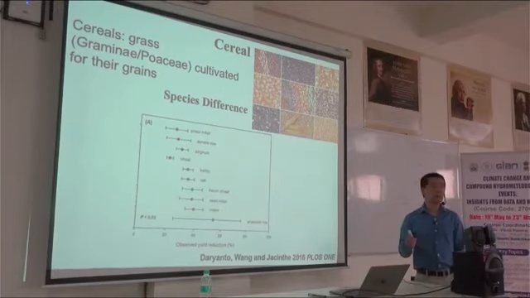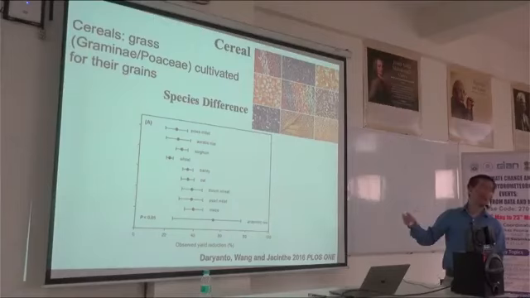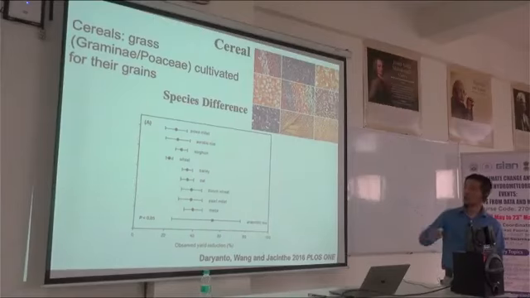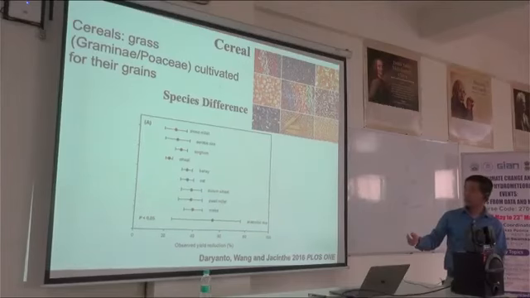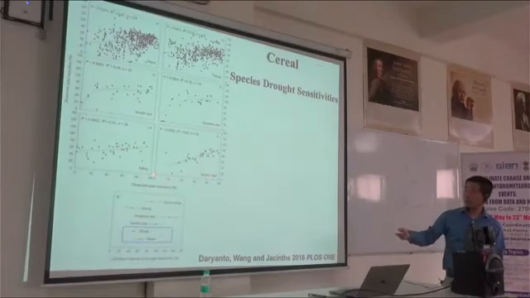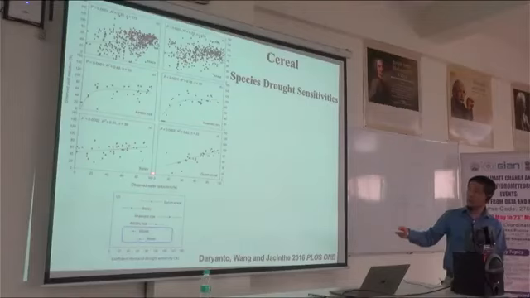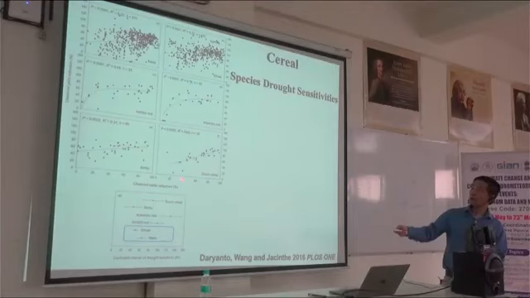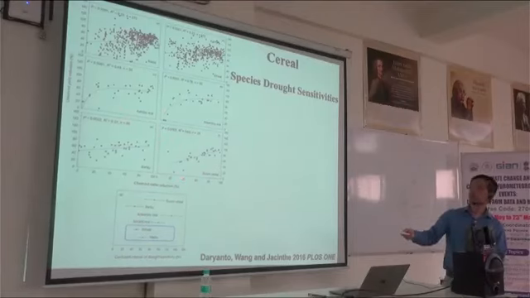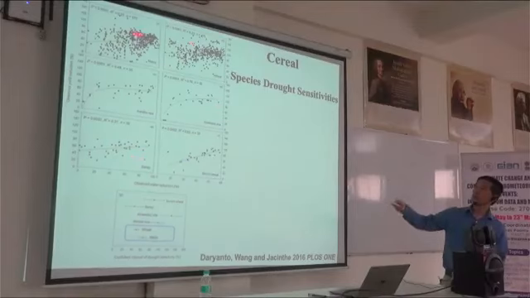For cereal, because we have so much data in the literature, besides the yield reduction, we can also look at their drought sensitivity. What I mean by drought sensitivity is that the x-axis is the degree of water reduction and the y-axis is the yield reduction, right? I can do that for all the species, take the slope of each species, and put them together.